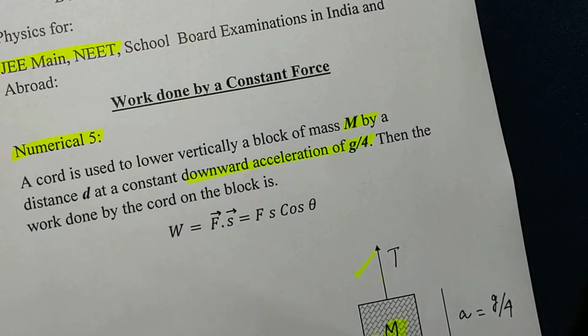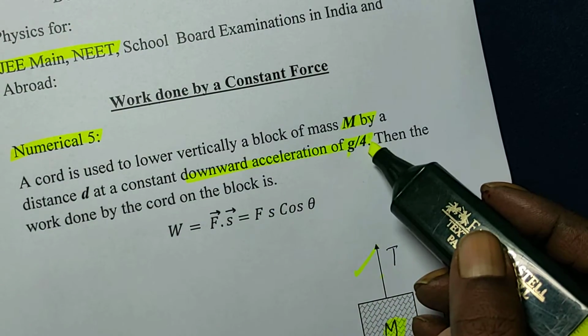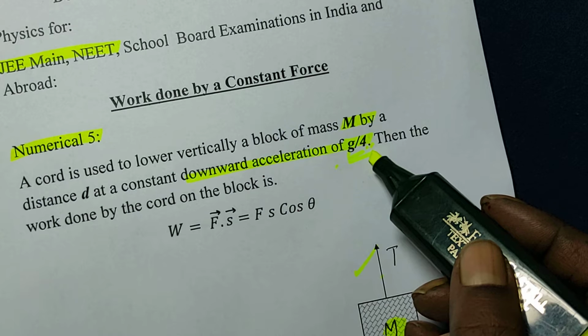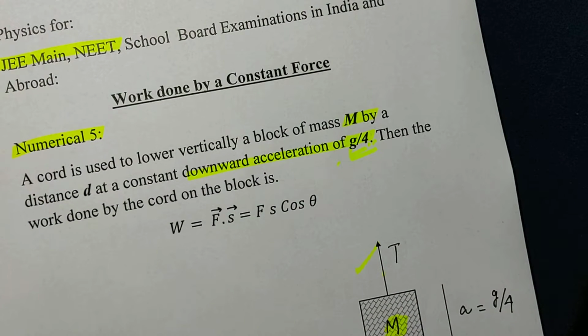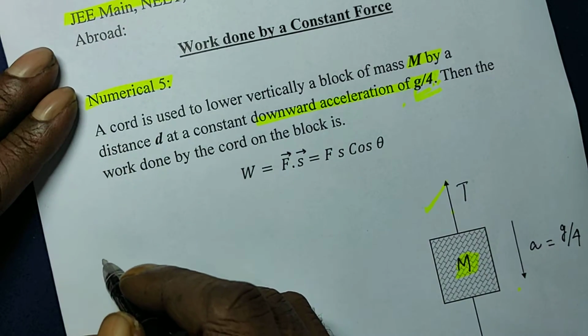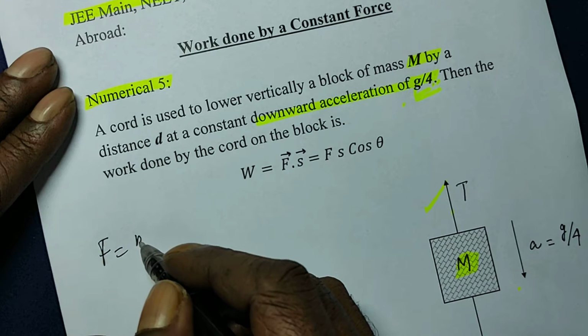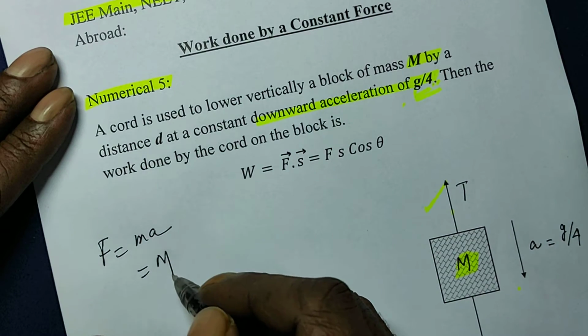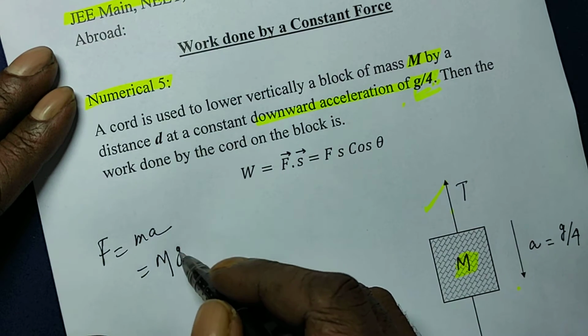Since it is coming down with a constant acceleration g by 4, and the mass is constant, therefore the force is constant, since F is equal to m times a, and a is your constant g by 4.